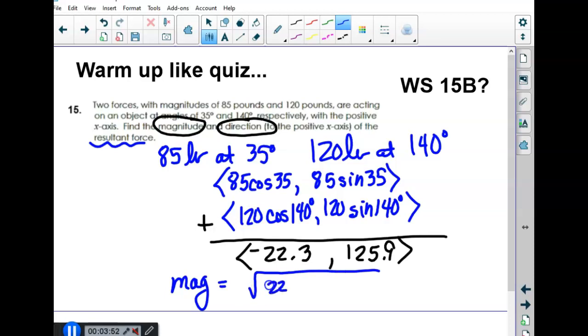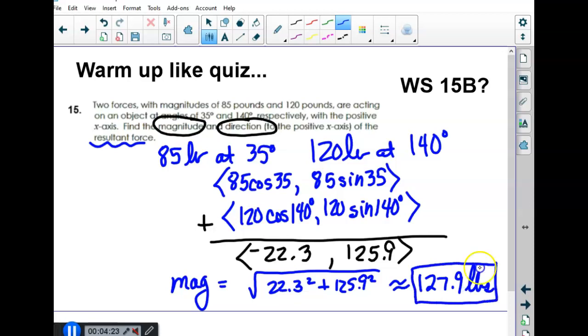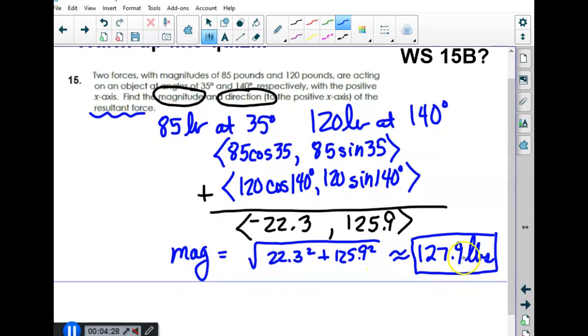So the square root of 22.3 squared plus 125.9 squared. 127.9 maybe? And that was pounds, because that is the magnitude and direction, so that's the magnitude.